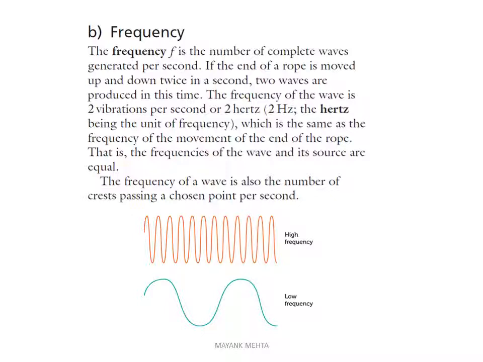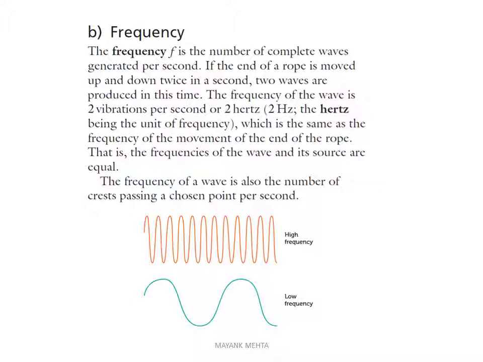Frequency is measured in hertz. Heinrich Hertz was the scientist, so in honor of him, we are using hertz as the unit of frequency. If two waves are produced in this time, the frequency is 2 hertz. That means in 1 second if two vibrations are produced, that means frequency is 2 hertz.